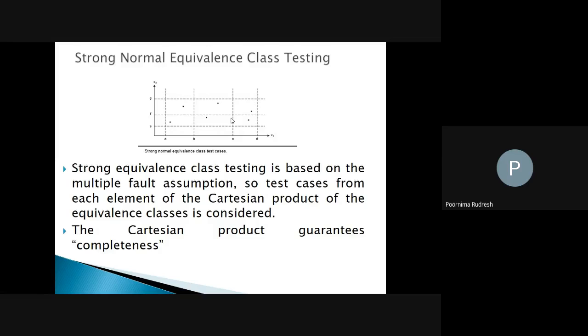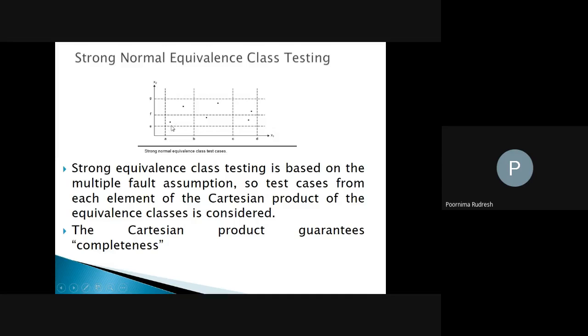When we perform the Cartesian product on the different test cases, it leads to the completeness of the testing, because the Cartesian product guarantees completeness. So see the difference between weak normal and strong normal class testing. In the weak normal class testing, we are considering a limited number of test cases, whereas in the strong normal equivalence class testing, we are considering the test cases from each element of the Cartesian product.